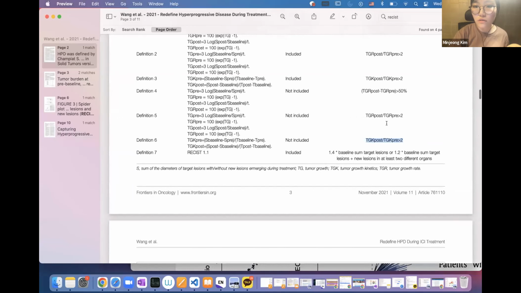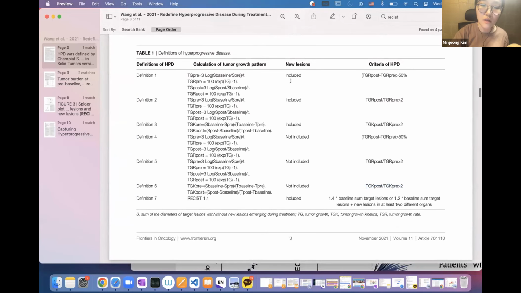Just to make things simple, you can see this is the Ferrara definition, but with the new lesions included versus not included. They used RECIST, and definition 1 is the Ferrara definition, but to better reflect progression, they include new lesions.